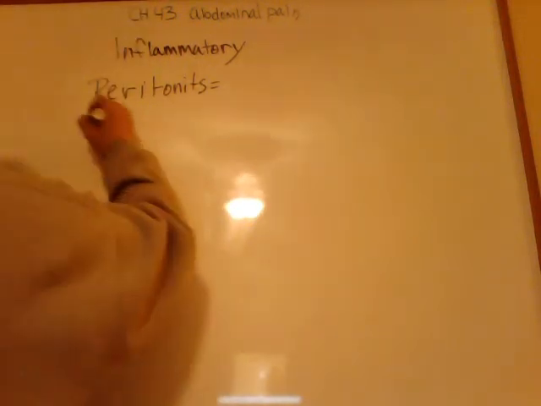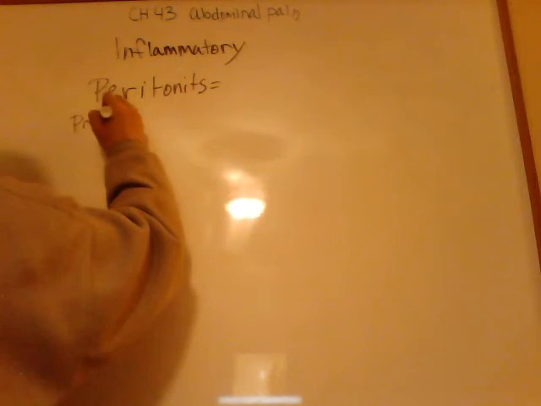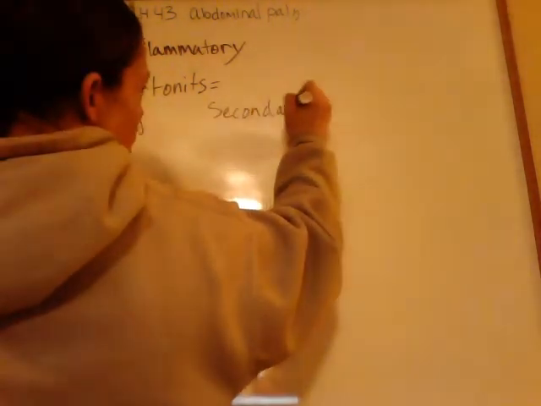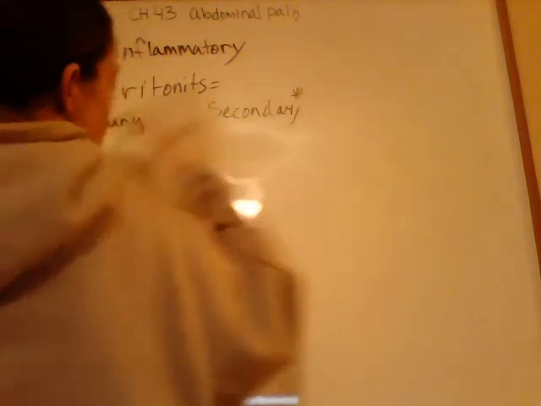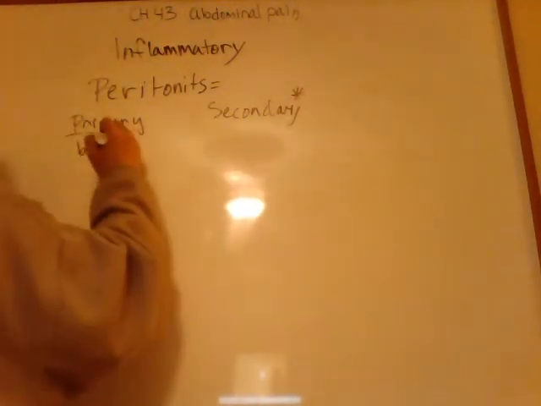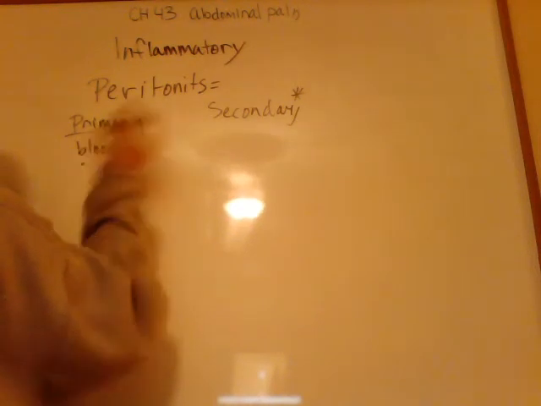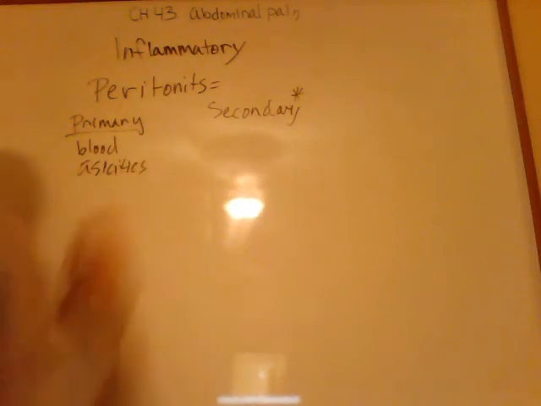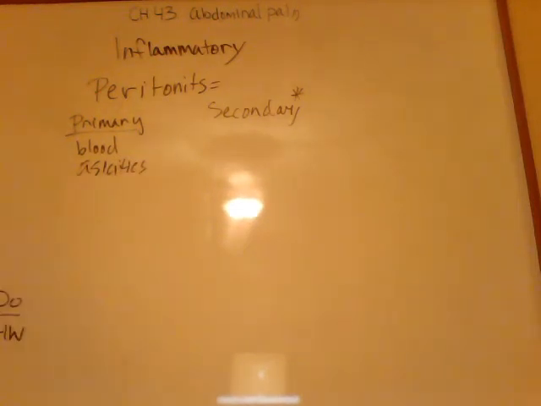You have primary and secondary, which is kind of confusing because the secondary are more likely to occur. Your primary causes are from your blood, or if you have cirrhosis ascites and the fluid itself gets infected, then you can have peritonitis. Secondary is any type of rupture.